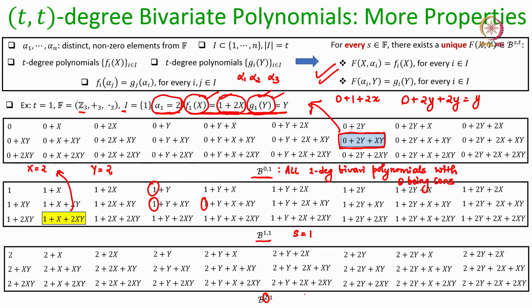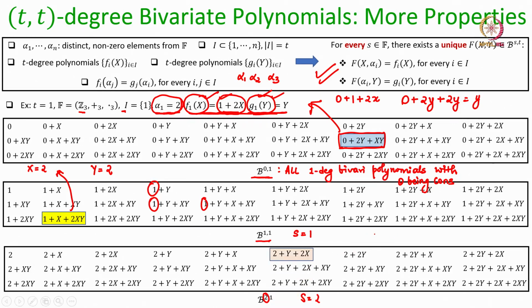And in the same way, let us set s equal to 2. There are 27 possible bivariate polynomials whose constant term is 2 and where the degree of x and y is 1.